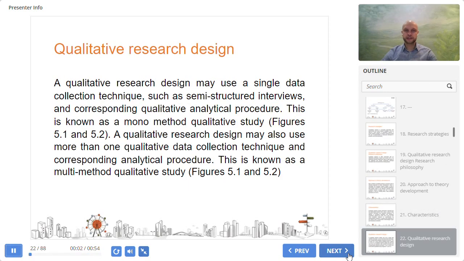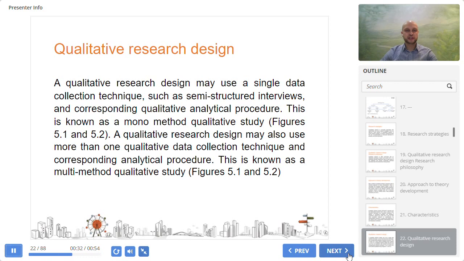Qualitative research design. A qualitative research design may use a single data collection technique, such as semi-structured interviews, and corresponding qualitative analytical procedure. This is known as monomethod qualitative study. A qualitative research design may also use more than one qualitative data collection technique and corresponding analytical procedure.